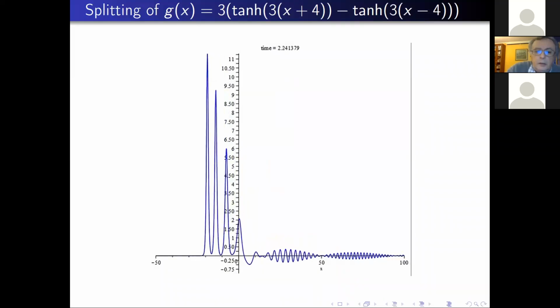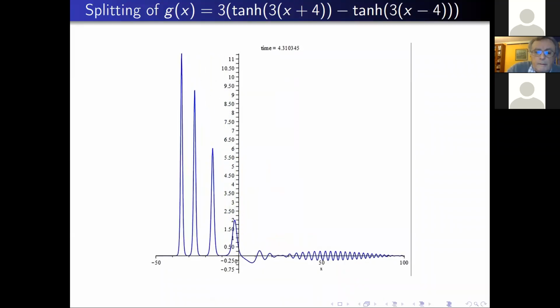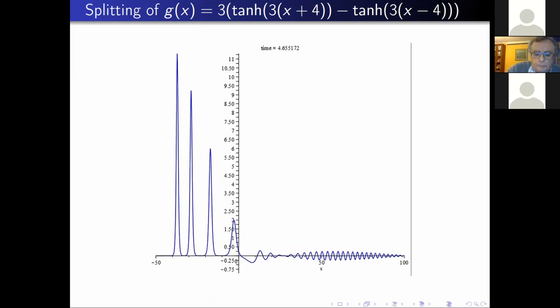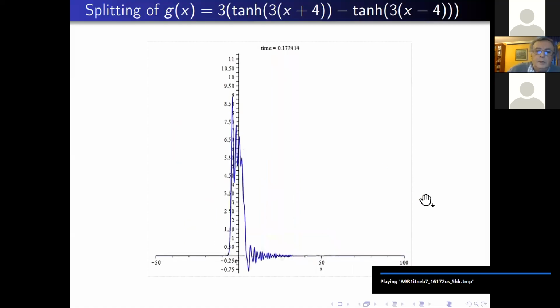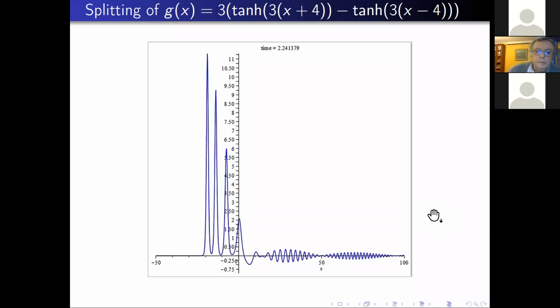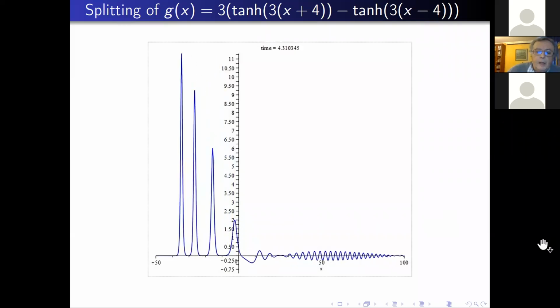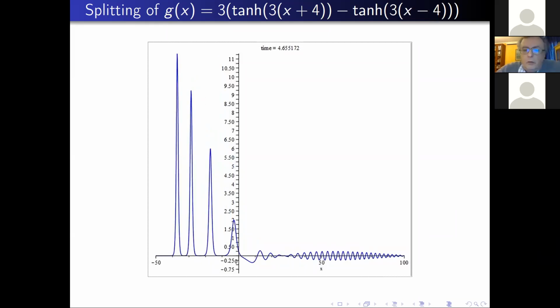This is splitting into 4 solitons. Once again. I'd like to especially show the form of the reflected wave. It is a number of packets of quasi-harmonic oscillations.